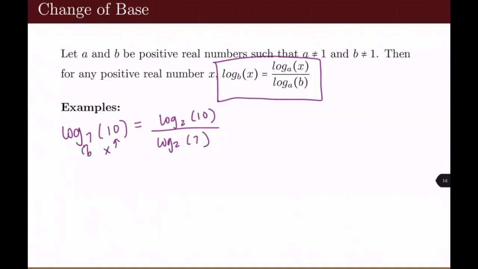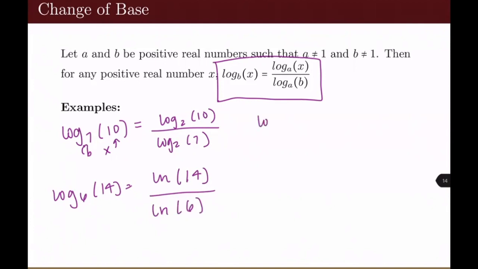You can also change them to ln. So like log base 6 of 14. You could say that's the same thing as the natural log of 14 divided by the natural log of 6. I could keep going for a while, so let's just do one more. Log base 8 of 9.